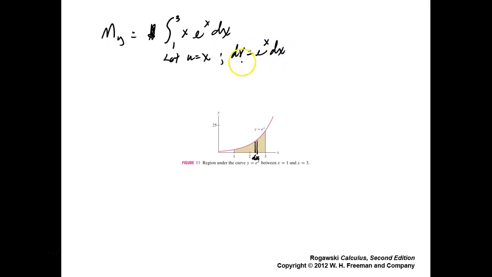Yeah, you got to keep your d's together, right? So then du is equal to 1 dx, and v would be equal to e to the x. You got it. Integration by parts tells us what do we do next?